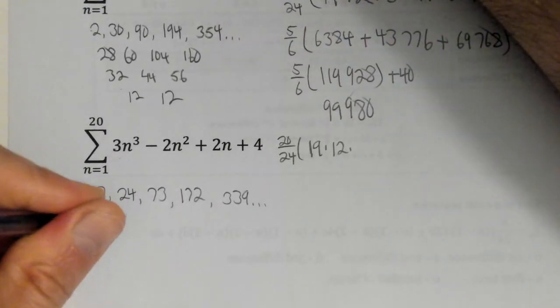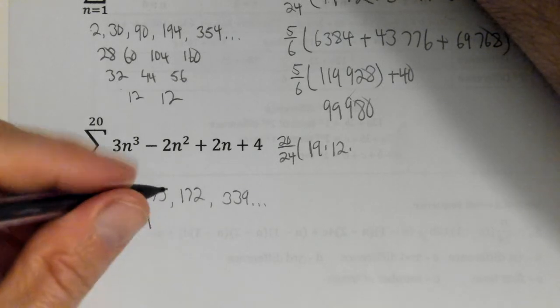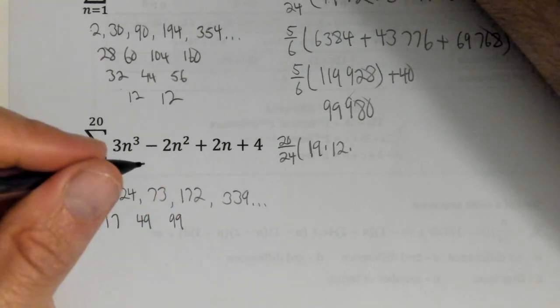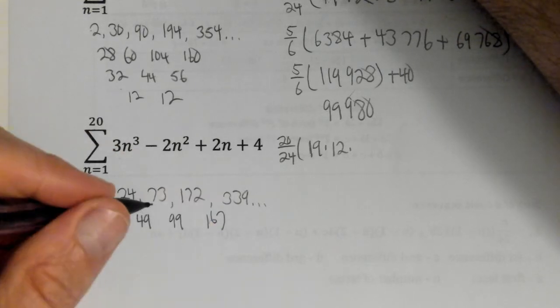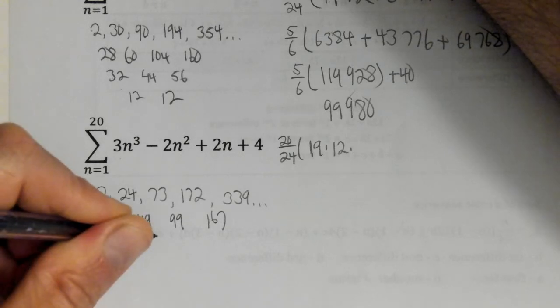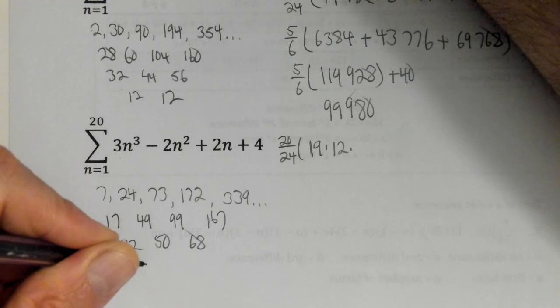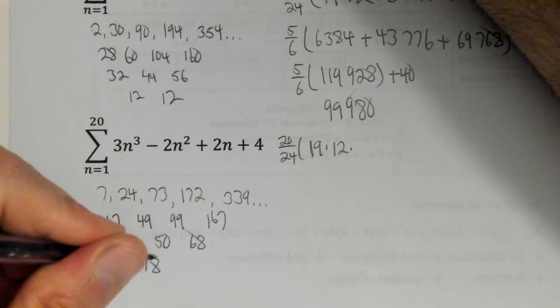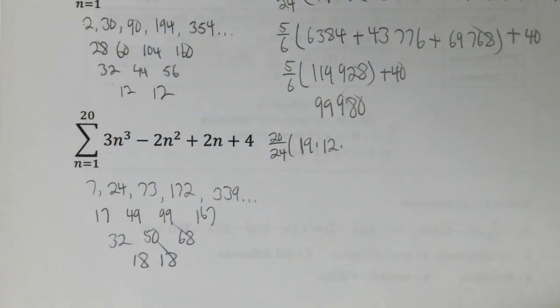We've got 17, we've got 49, here's 99, and here is 167. Second difference now, 32, and 50, and 68. And once again, we got 18 and 18. Okay, so the third difference is constant.